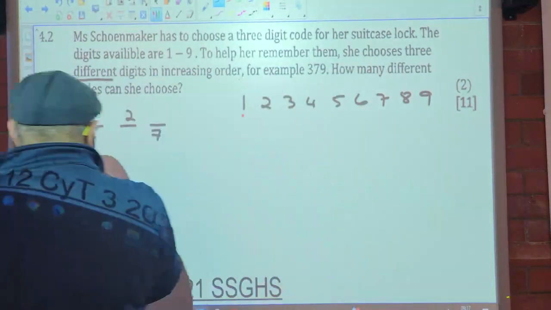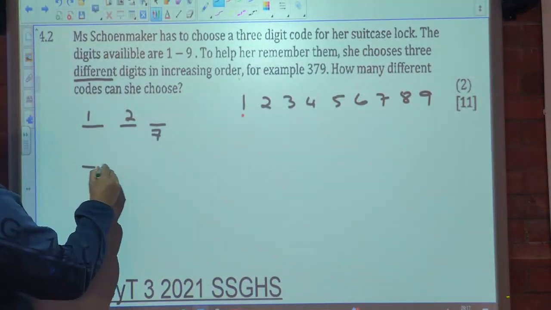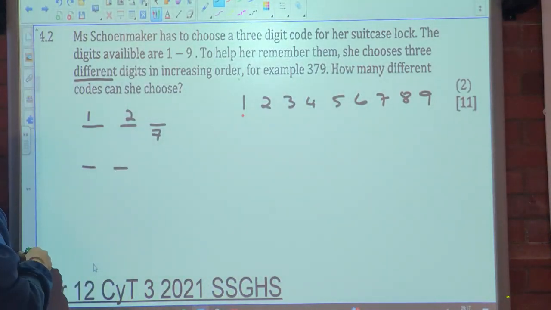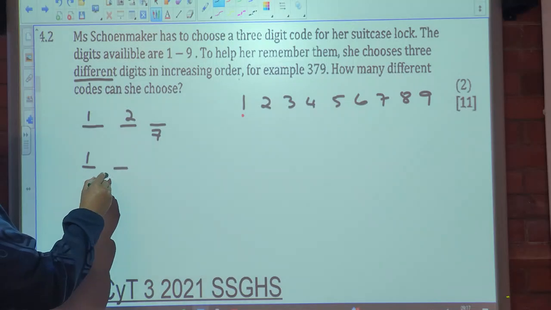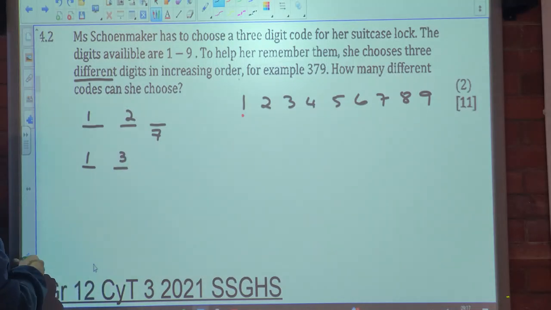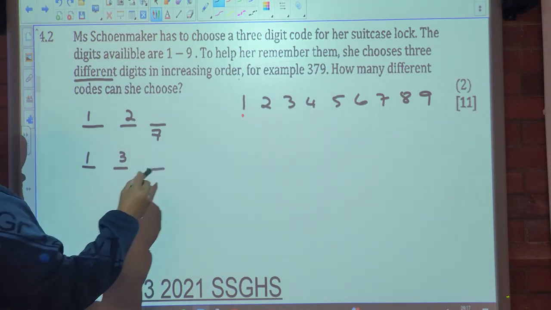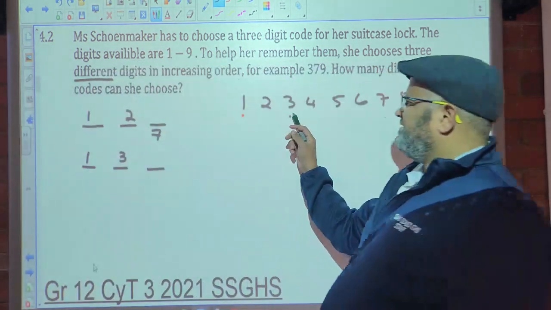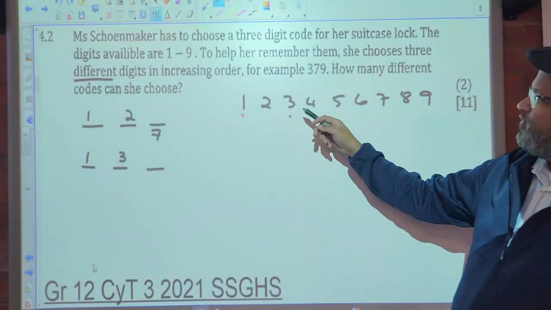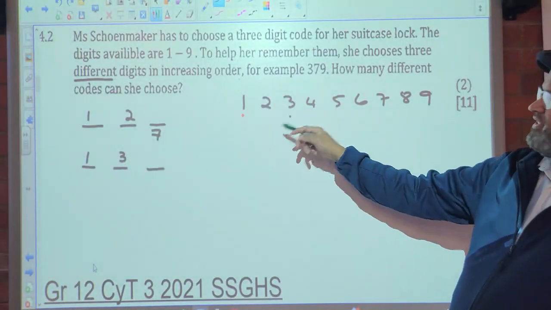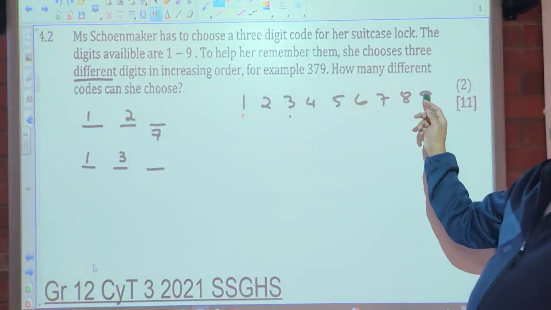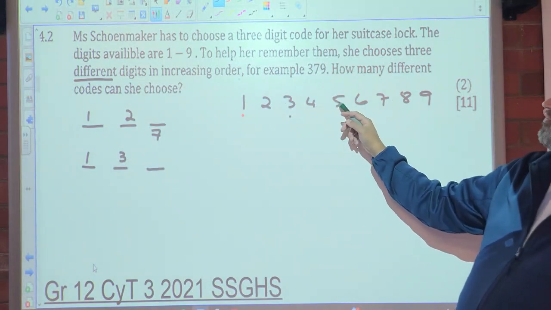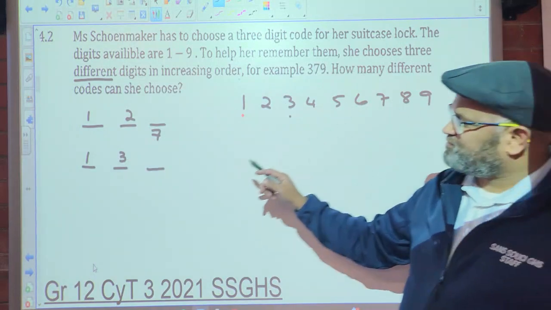But hang on, the first 2 digits don't have to be 1, 2. It could have been 1, 3. If I start 1, 3, then it could be 1, 3, 4; 1, 3, 5; 1, 3, 6; 1, 3, 7; 1, 3, 8; 1, 3, 9. Which gives us 6 options here.